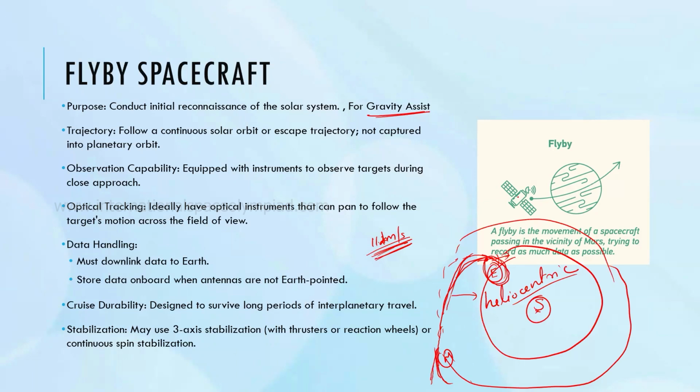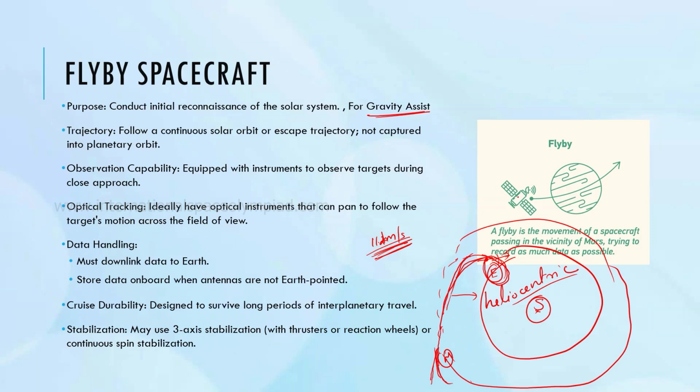Just compare the size of a spacecraft with the size of Jupiter. It's not even comparable. So it gets additional gravitational energy, that energy is transferred to its speed, and it gets an additional boost, something like a slingshot from the planet. So that is another purpose.